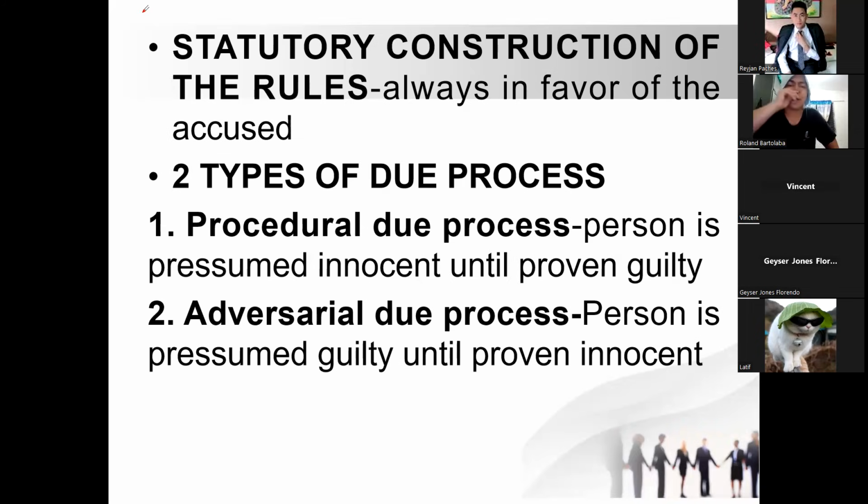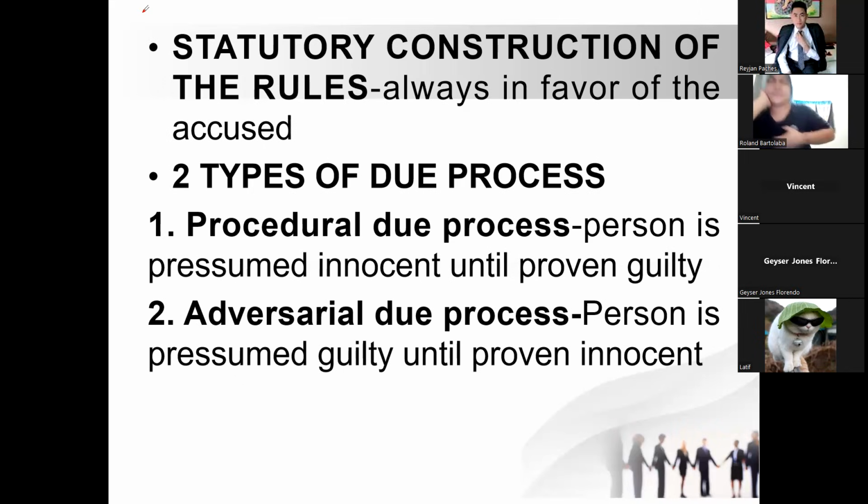Then of course, we have the adversarial. Pag sinabi natin adversarial, ibig sabihin, yan yung opposite ng procedural. Ang adversarial, class, the person is presumed guilty until proven innocent. Yan yung ginagamit nila sa ibang bansa.